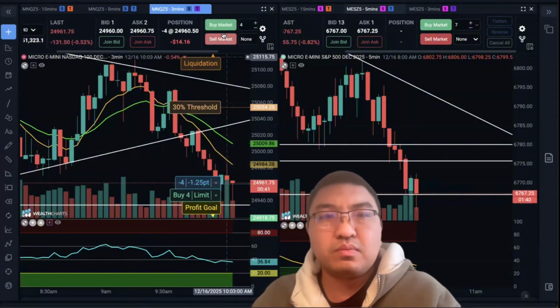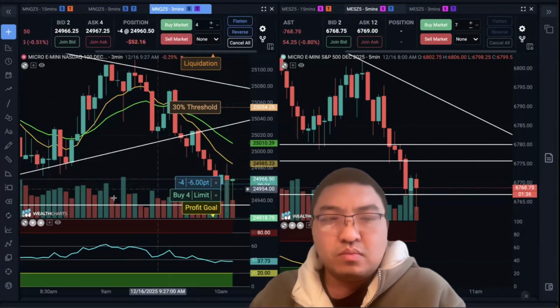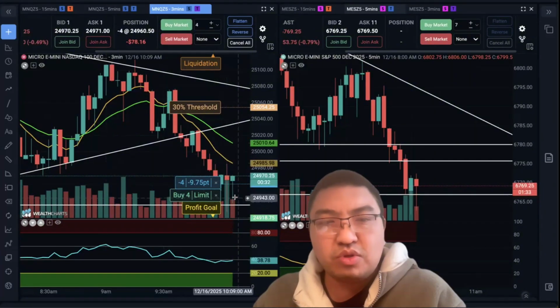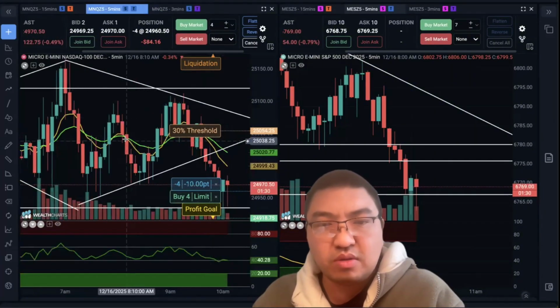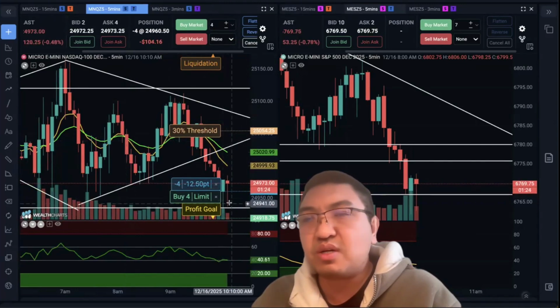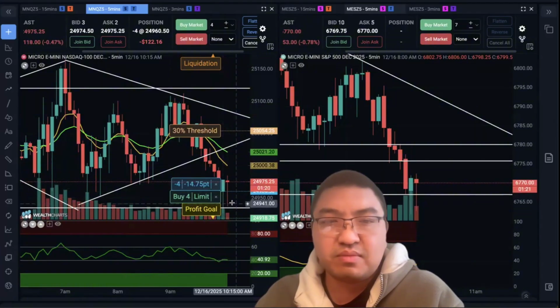Oh no, too strong rejection here. That's not good. Even on the 5 minute chart. Okay, there are 2 more minutes. See if it pushes back again.